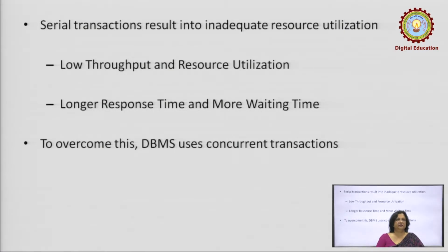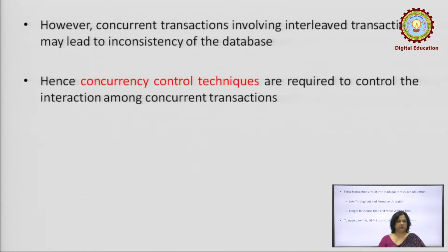Serial transactions result in inadequate resource utilization. This we discussed during my lecture on transaction processing also. This is because of low throughput and low resource utilization in serial transactions, and longer response time and more waiting time. To overcome this, the DBMS uses concurrent transactions.